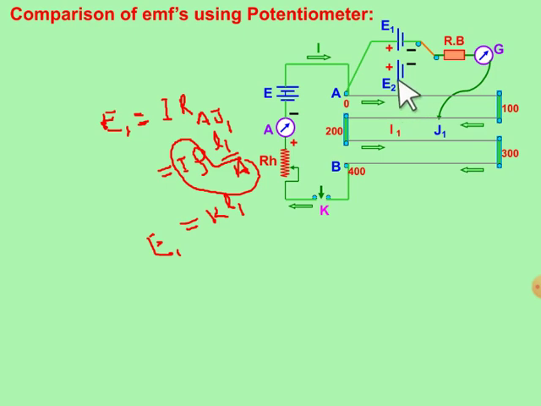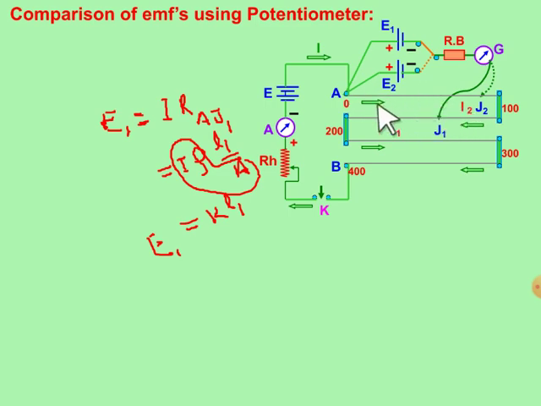Now if another cell whose EMF is denoted by E2 is connected in a similar way, and the null point is somewhere here, then this length from A to J2, let's take it as L2.